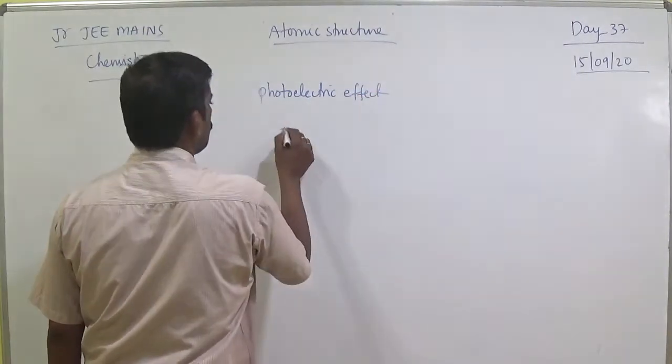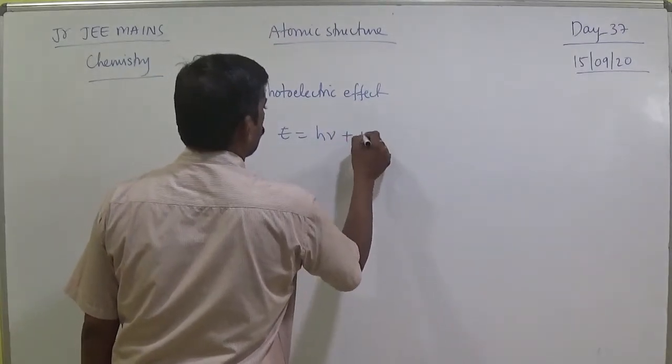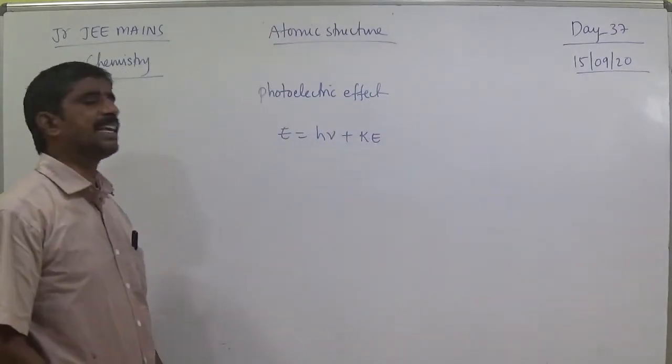The simple formula is E equal to h nu plus K, where K means kinetic energy.